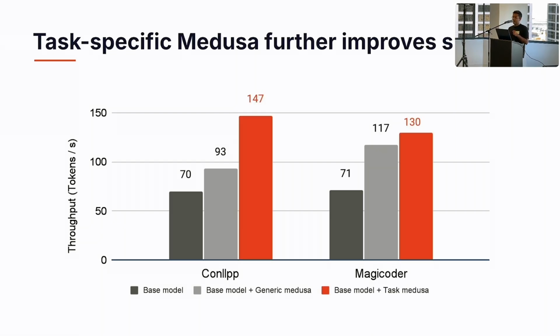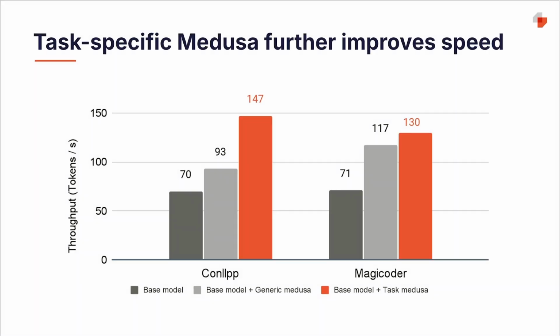The second is if I take, let's say, Vlad's exact data set, which was this sort of query to classification, and fine-tune Medusa on that very specific data set, you can get more than 2x throughput improvement. The same data set and the same model that was giving you 70 tokens per second is now giving you 147 or 130, depending on your task type.